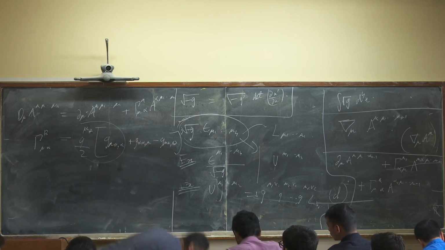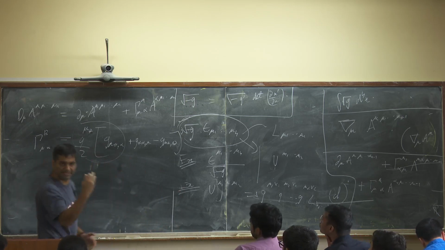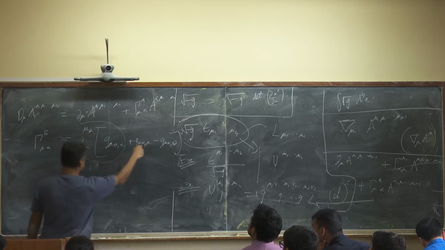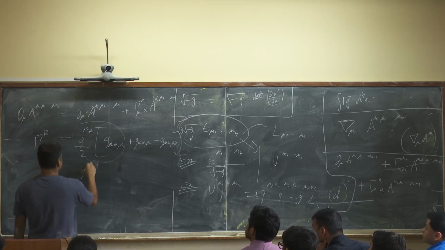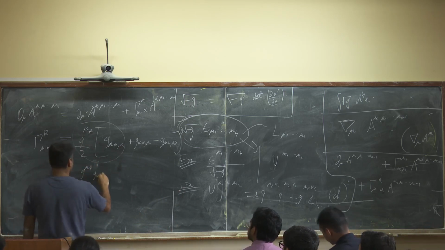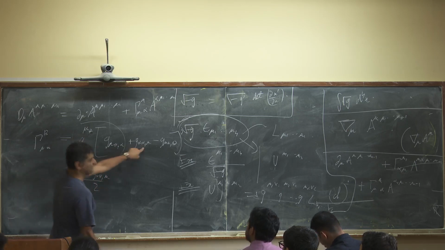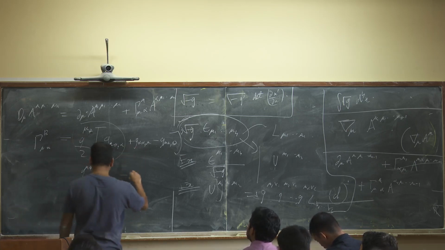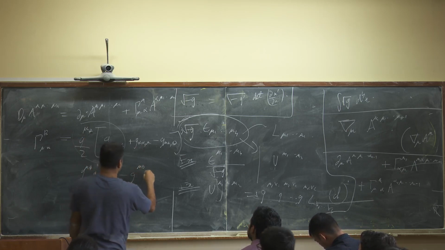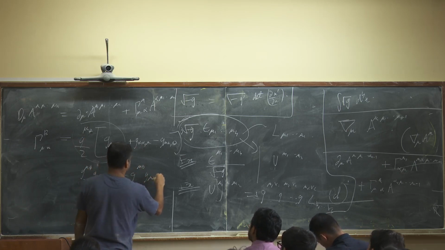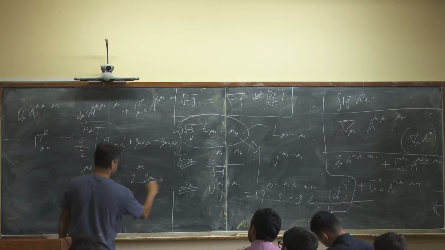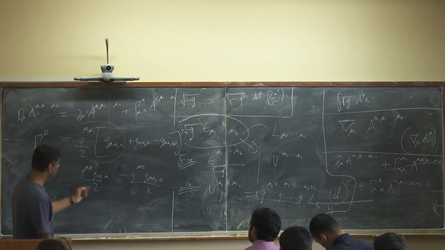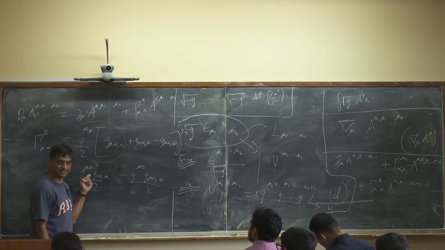Let me say it in formulas. This is G mu theta, G alpha theta mu by 2. And this was minus G mu theta, G mu alpha theta by 2. These look different, but remember we've got dummy indices.